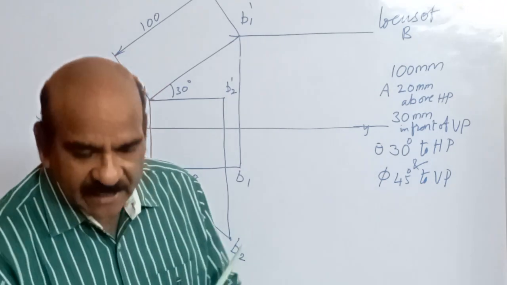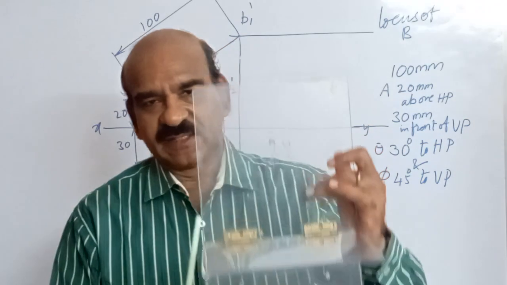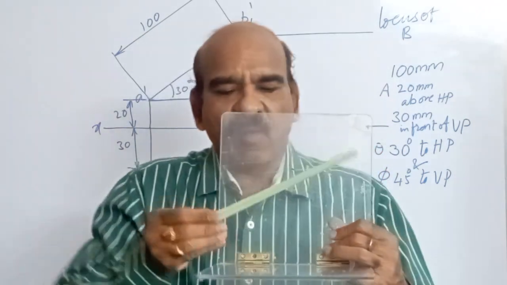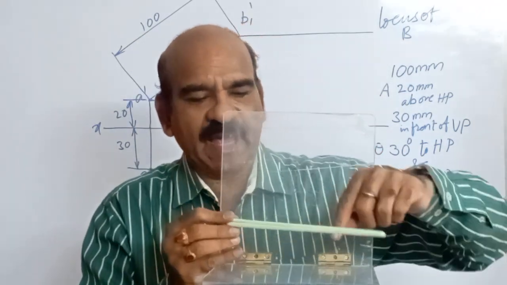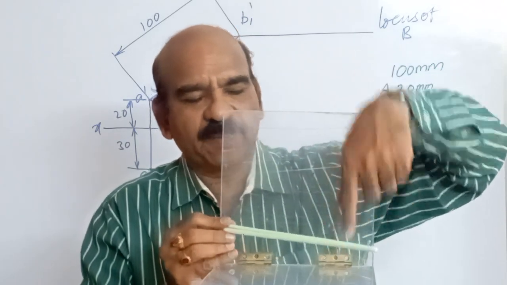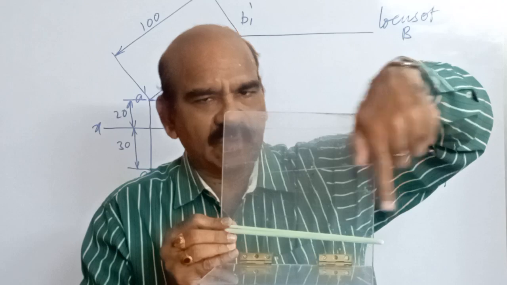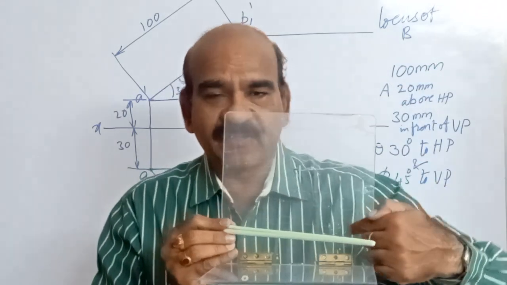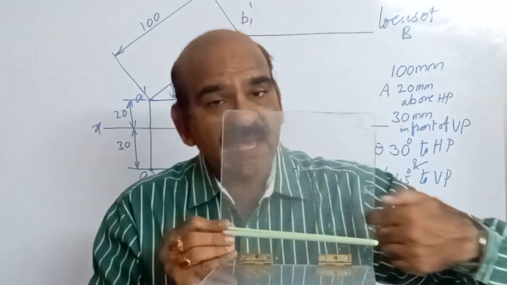Now here again we make two observations. What are they? One is the line is parallel to HP. That means when the line is parallel to HP, in the top view we see the true length. In the front view we see less than its true length.